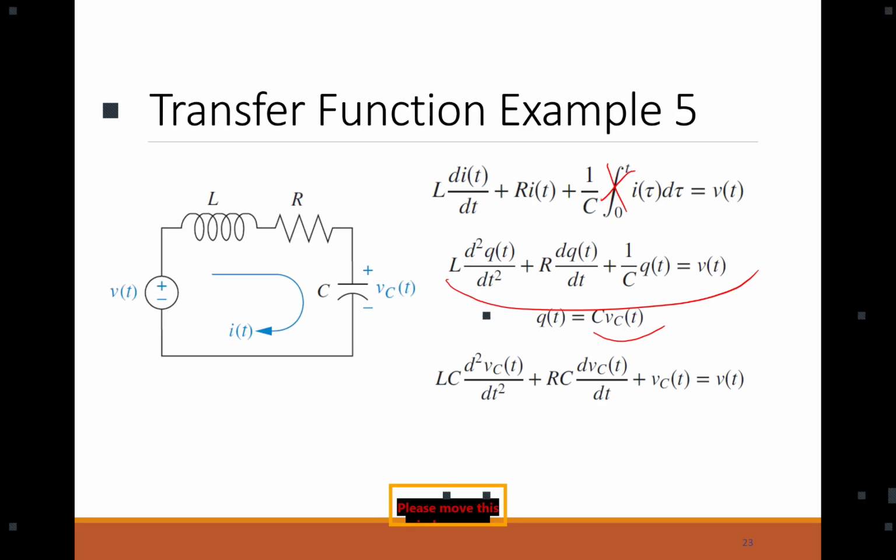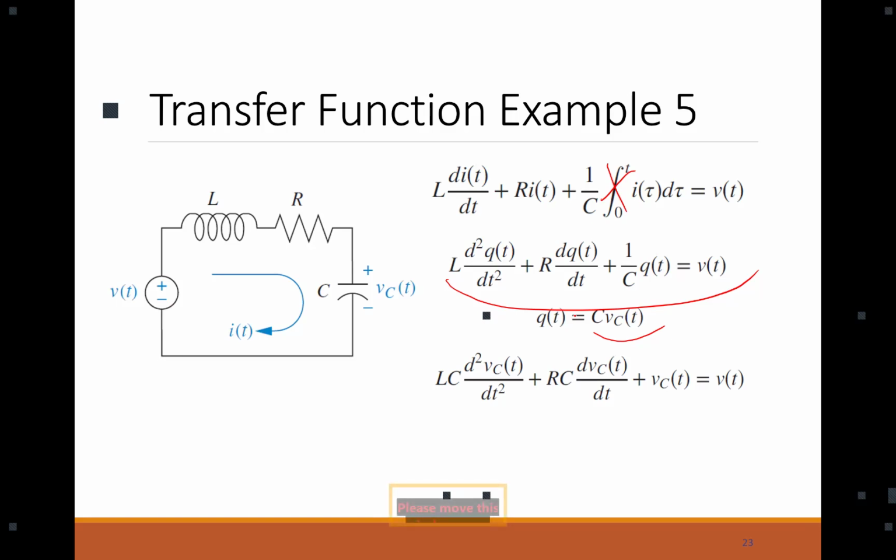Now that we have this, let's simplify it a little more. We multiply everything here by C. I think I meant this previous slide. So we took another derivative to get rid of the integral.